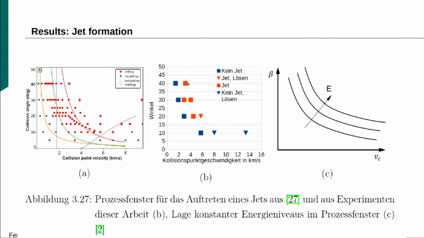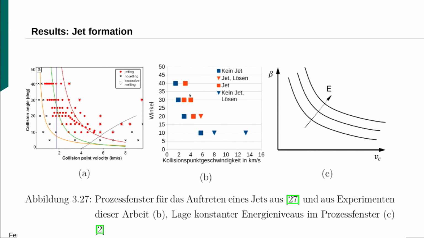So he determined whether he finds such a jet or no jet. These are the blue points versus the red points. And then lösen means loosen. It's loosening under this set of parameters, so low velocity, high velocity, low angle, and joint which remains at least during these few picoseconds or tens or hundreds picoseconds.